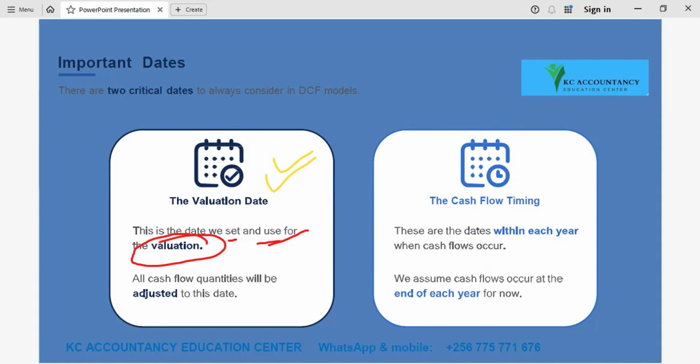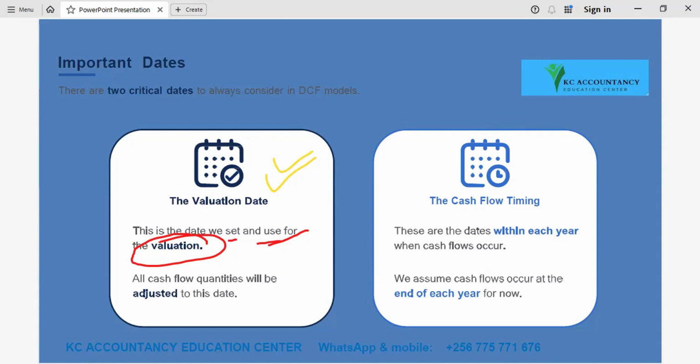If you are forecasting a project of 5 years with a lifespan of 10 years, you look at 2024 as your year of forecast, in other words, the valuation date. So effectively, all the cash flow quantities are going to be adjusted or discounted back to this valuation date.